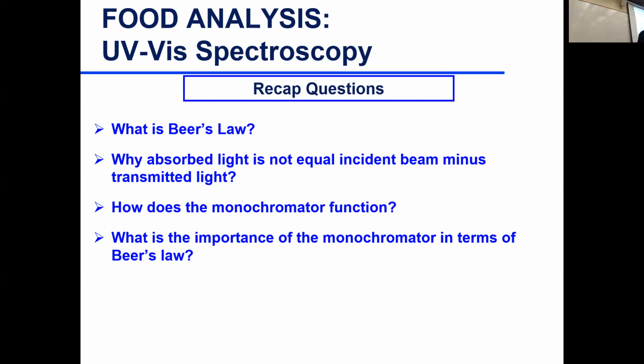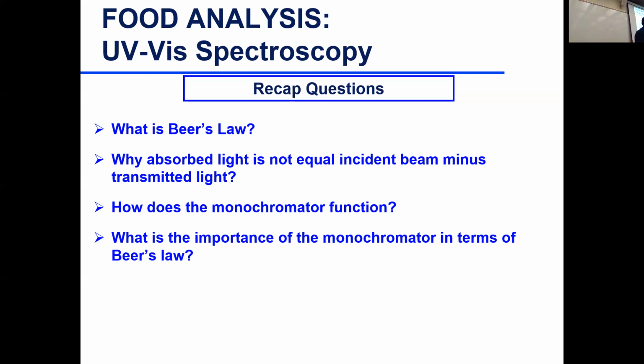Okay. Why is absorbed light not equal to incident minus transmitted light, Zoe? There's also scattering, reflection, potential fluorescence. So it's not equal. Okay.